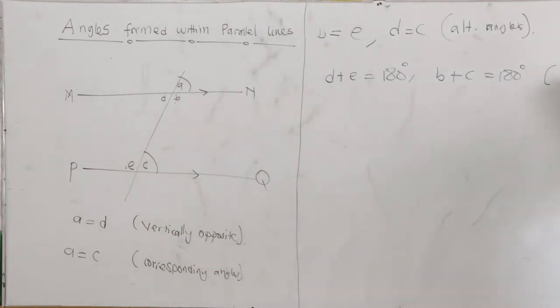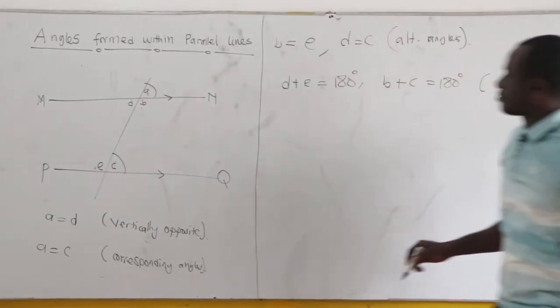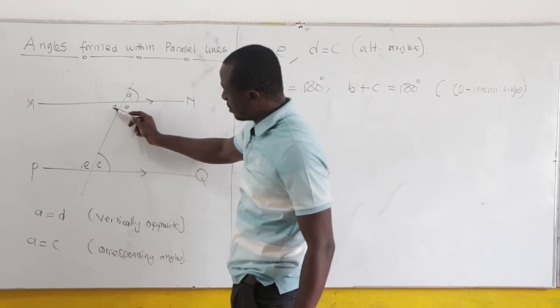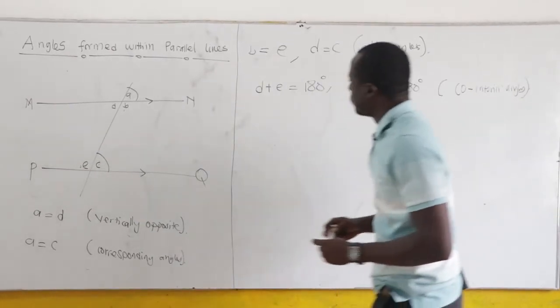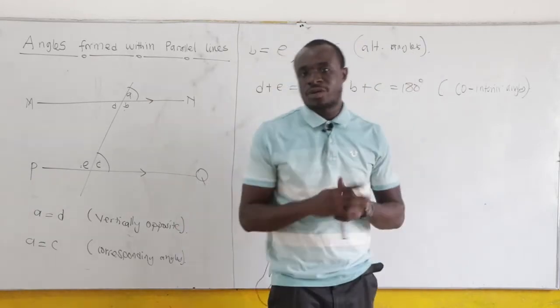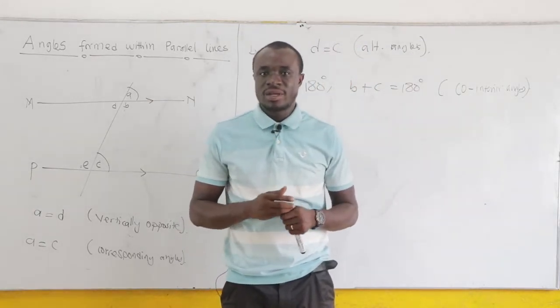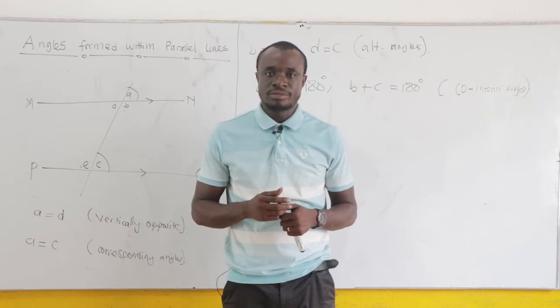We call it co-interior angles. So the angle here plus the angle here equal to 180. This plus that equal to 180. Now we have a whole lot of questions for us to consider so that our understanding becomes very, very firm.